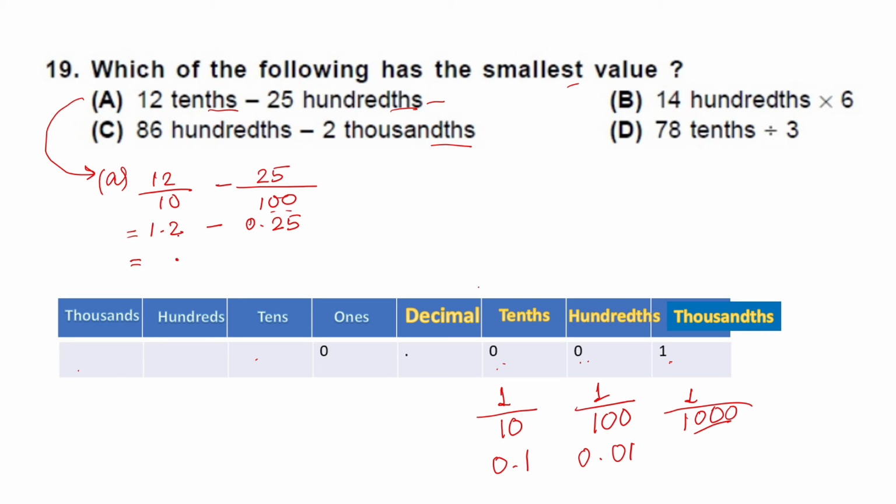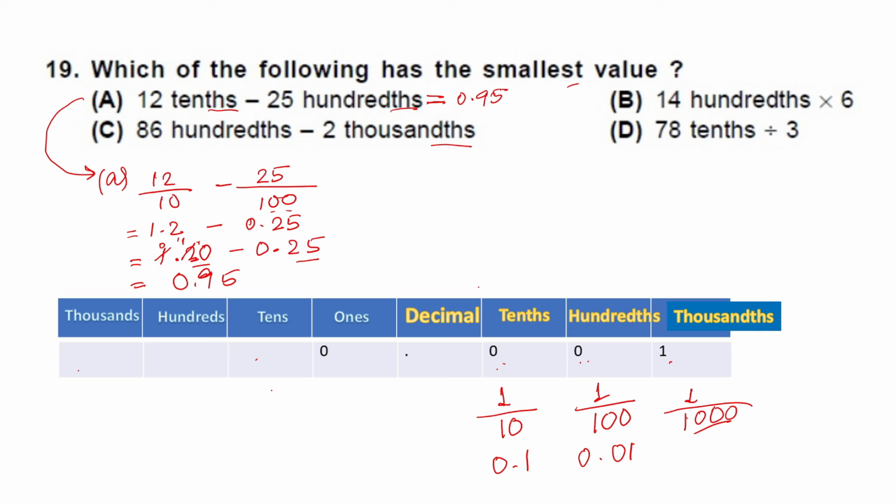To equate this, we'll have the same number of digits after the decimal. How do we do it? Well, 1.20, because after decimal, if you add 0, it is of no value. And then minus 0.25. Now there are 2 values after decimal, which makes it easier to subtract. So this is equal to 0.95.